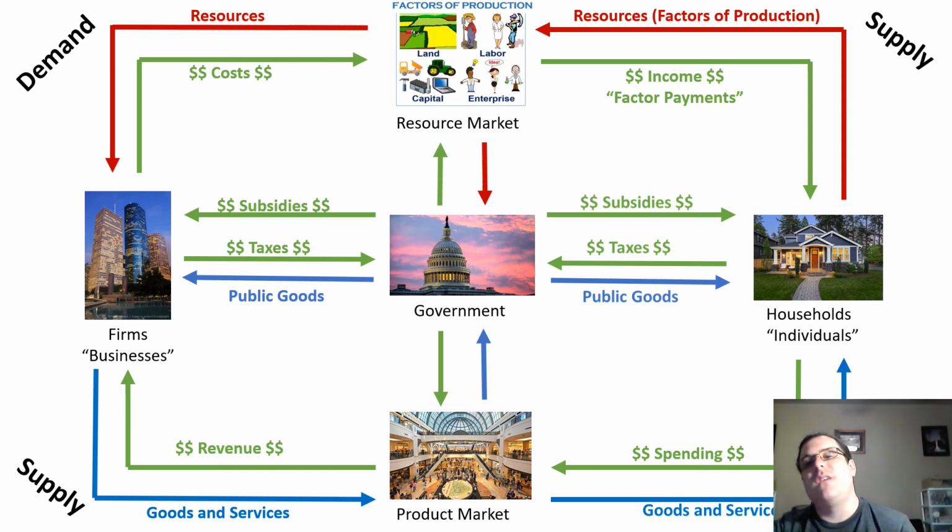So this is very much a synergistic type thing. And what any economist and any economy wants is to be able to see these things move. Take the money, for example. If the money bottles up in the businesses, that's a bad thing. If it bottles up in the government, that's a bad thing. If it bottles up in households and individuals, that's a bad thing.